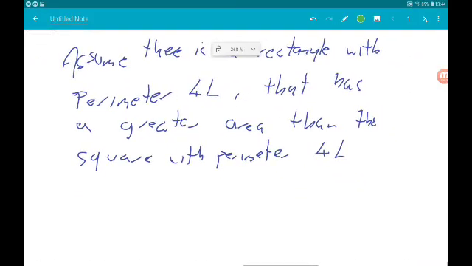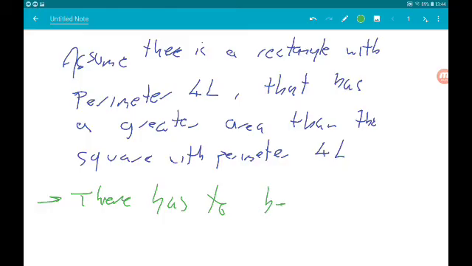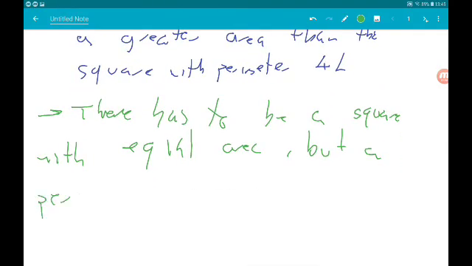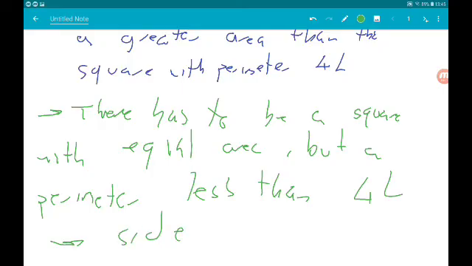So there has to be a square with equal area but a perimeter less than 4L, because we're not allowed to increase the side lengths. So its side length is less than L.